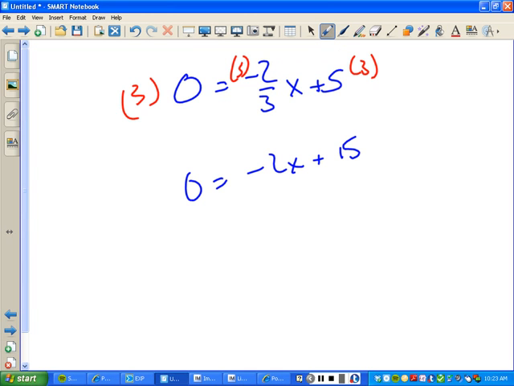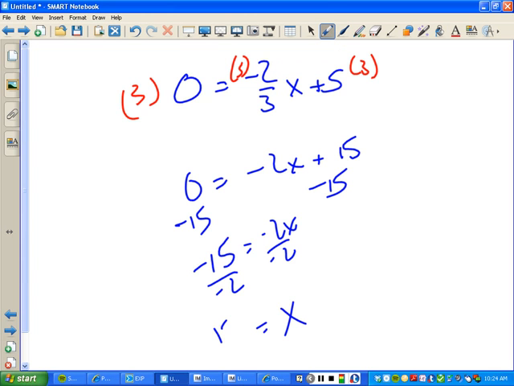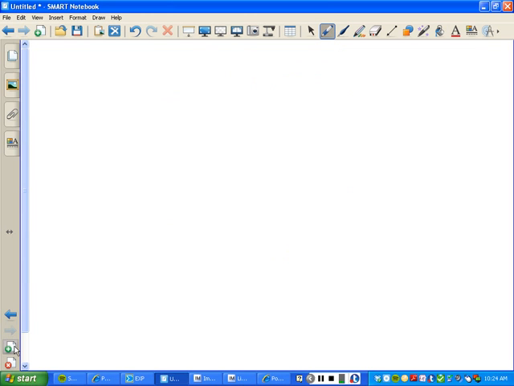Because from here, you can just simply solve. Subtract 15, subtract 15. Negative 15 equals negative 2x. Divide by negative 2, divide by negative 2. X is 15/2. What some of you may have elected to do is to go like this. 0 equals negative 2/3 x plus 5.